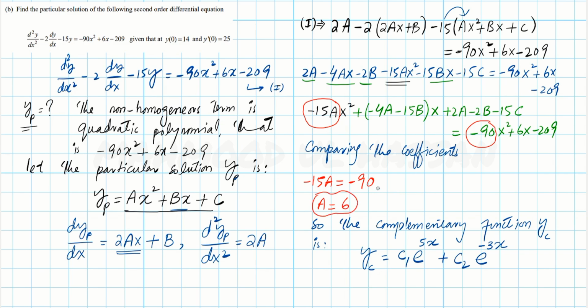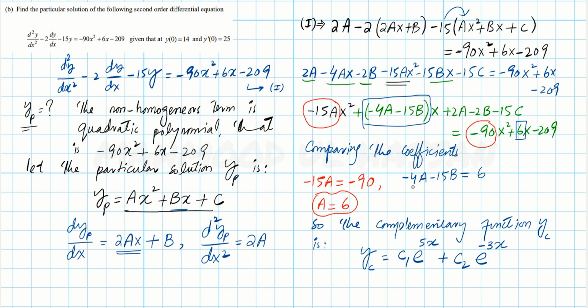In the same way we have to equate the coefficient of x. The coefficient of x on the left side is minus 4a and minus 15b, and on the right the coefficient of x is 6. So negative 4a minus 15b is equal to 6. We put the value of a here, that is 6.